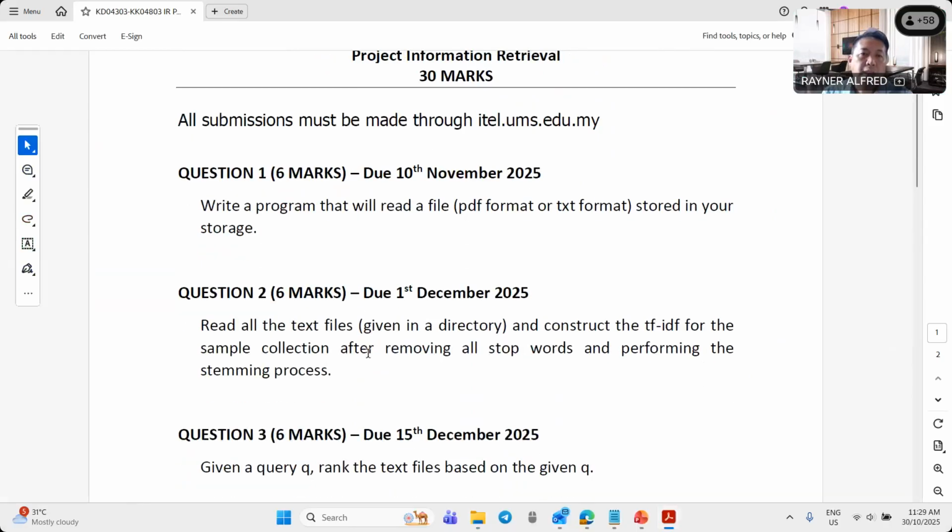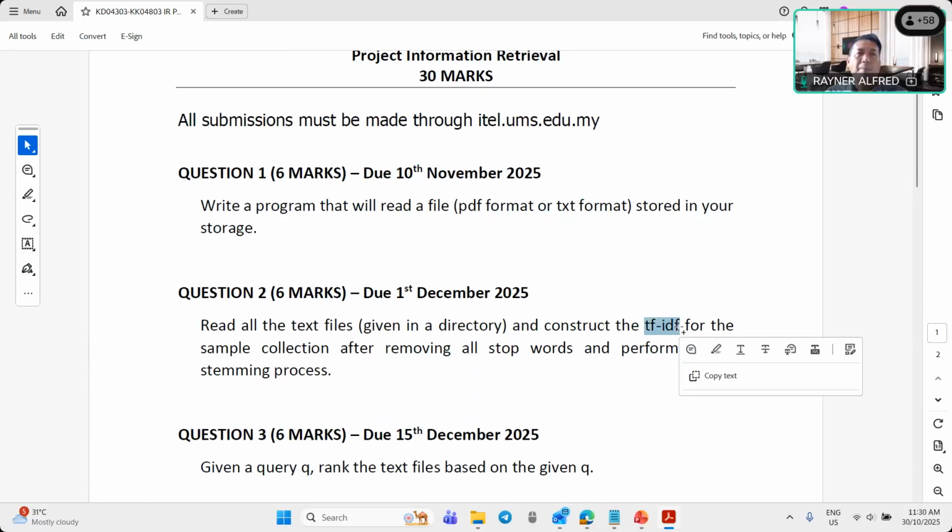So this is question number 1, which is very easy. Given the 10 files that you have, you need to read those files. That's a simple one, due on 10 of November. The second part is to tokenize them, and then you need to construct the TF-IDF.